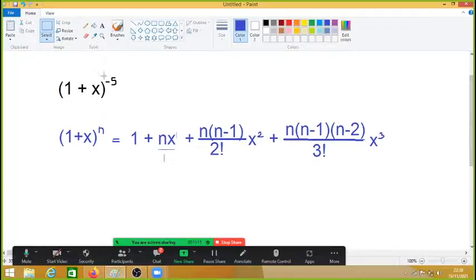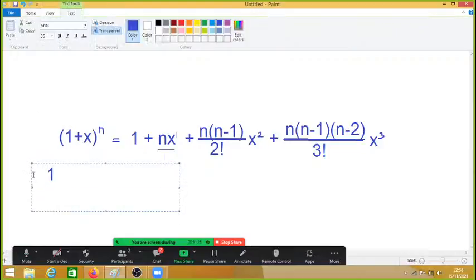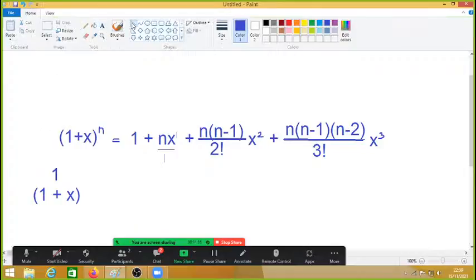That's the formula, and we're trying to do 1 plus x to the power minus. Now I'm going to stick to the example in the question in the textbook. The example in the textbook is 1 over 1 plus x. So it looks like quite an easy example, but the slight problem is that it needs to be written in this exact form. We don't want the 1 plus x at the bottom of a fraction.